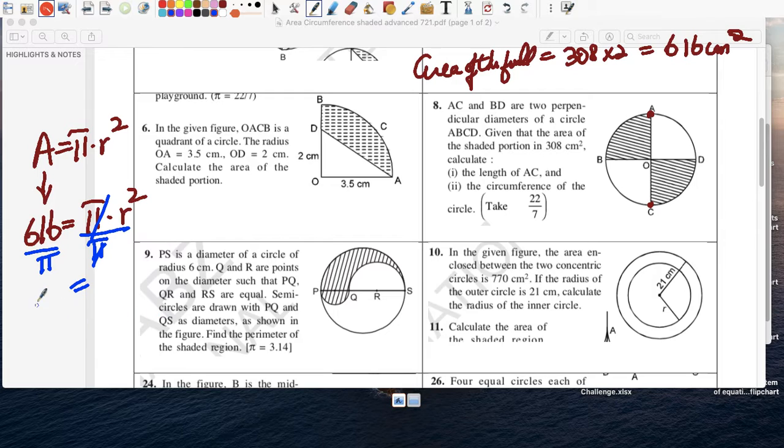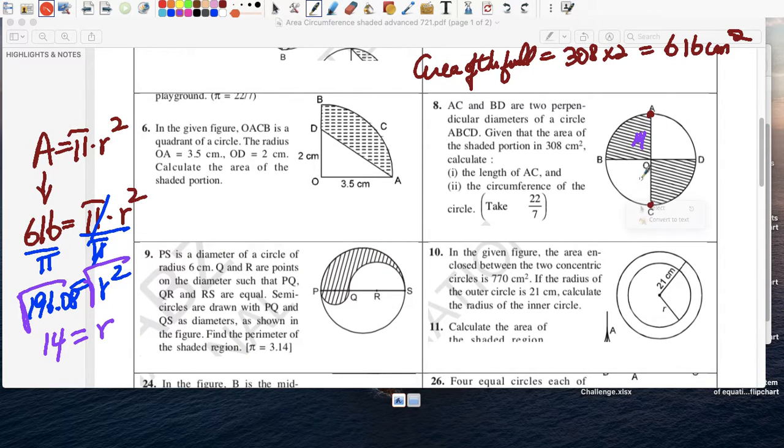It's 196.08 rounded, r squared. How do we get rid of that square? We're going to take the square root of that side, the square root of this side. So r equals the square root of 196.08, which equals 14. It's 14, not exactly, but the radius is 14.